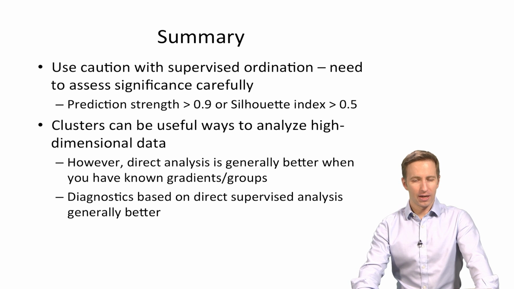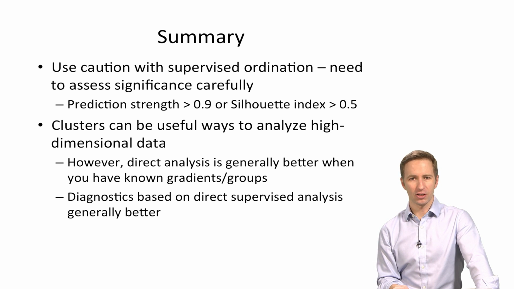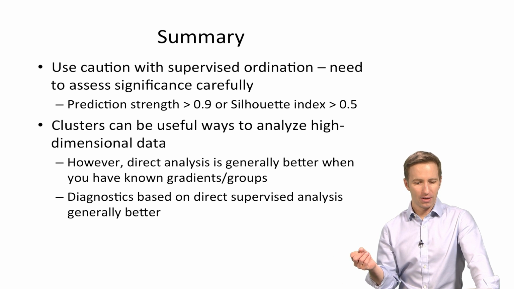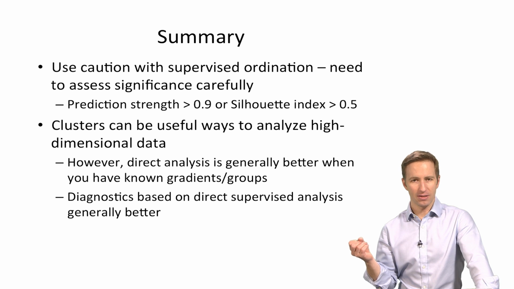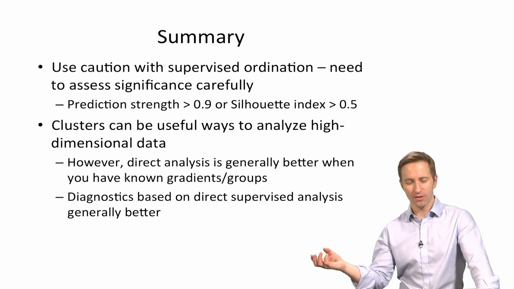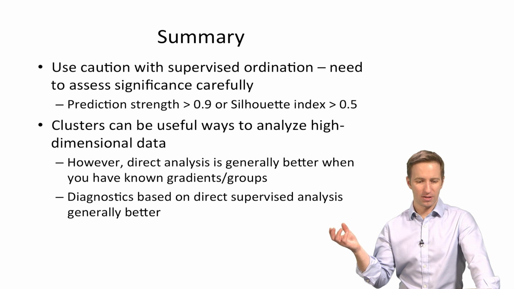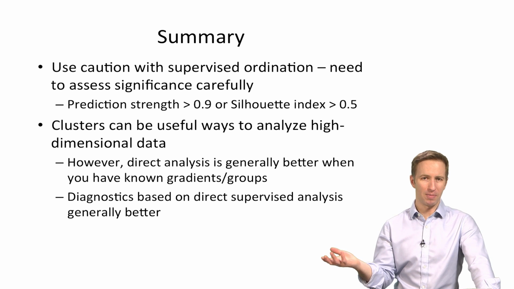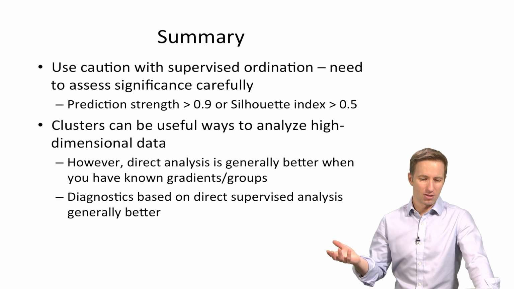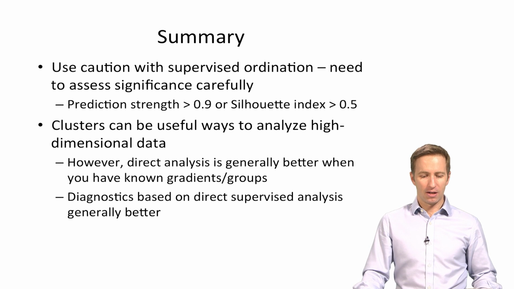So in summary, I recommend using extreme caution with supervised ordination techniques. You need to assess the significance carefully. I recommend trying prediction strength, at which point a value of 0.9 or above might be considered significant. This is sort of a philosophical argument.